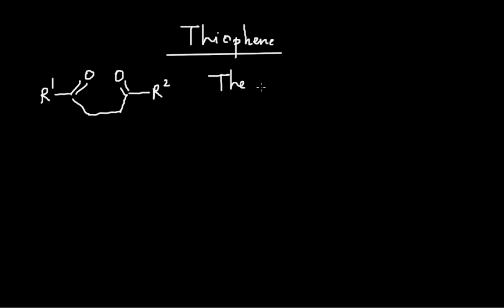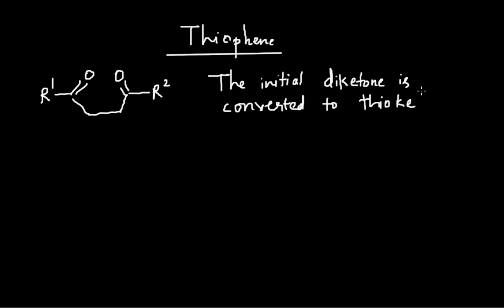The initial diketone is converted to thioketone using sulfurizing agents.